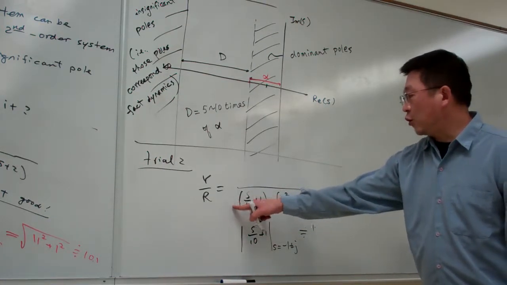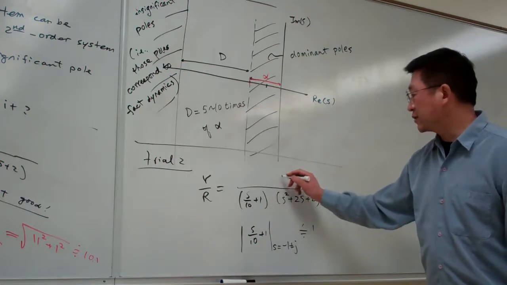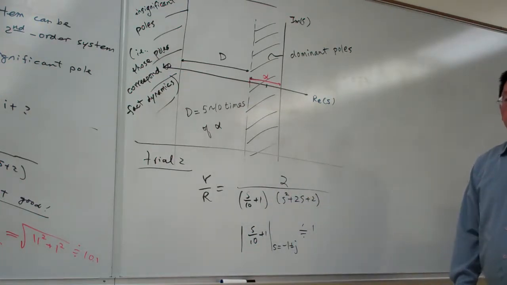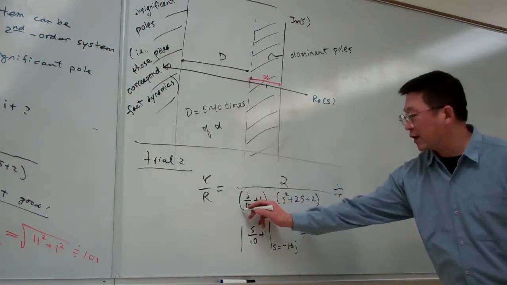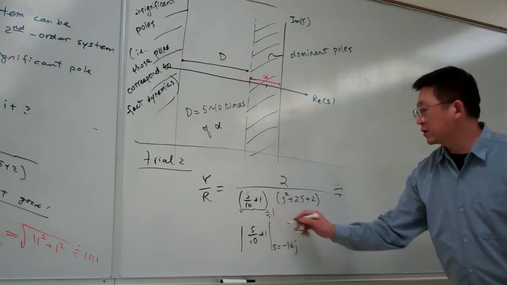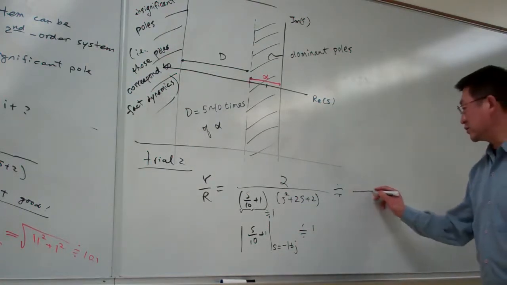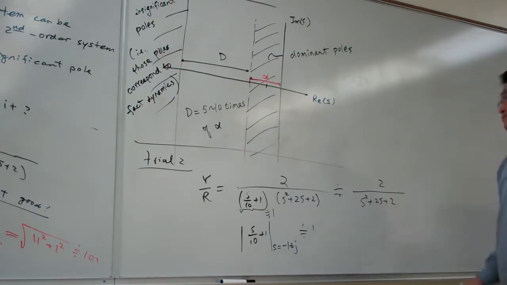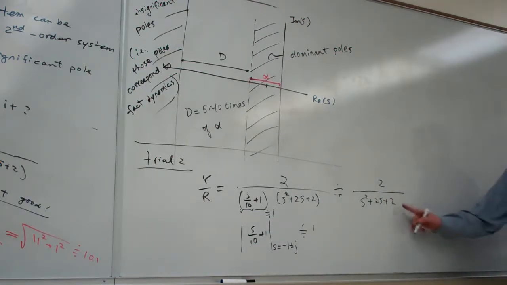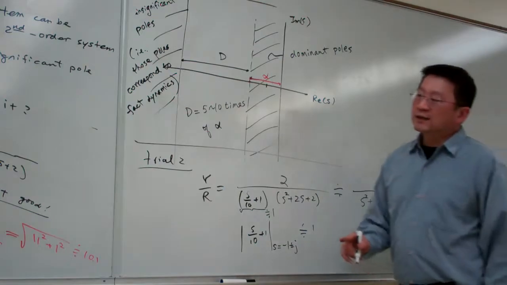Here the whole denominator is divided by 10, so the numerator must be divided by 10. So after the approximation, because this one is pretty much equal to 1, which is a good approximation, this one will be equal to s squared plus 2s plus 2. This is a good approximation.